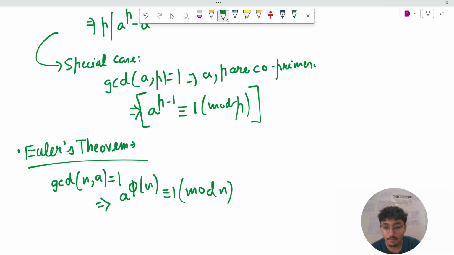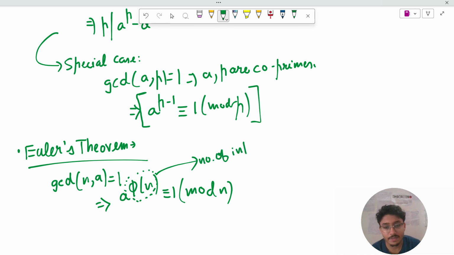Now many of you would be confused, like what is phi n? So phi n is basically your Euler's quotient function. As I had discussed in my last class, I will be just showing it to you once. This basically denotes the number of integers which are less than or equal to n and prime to n. I will also be showing you the notes.